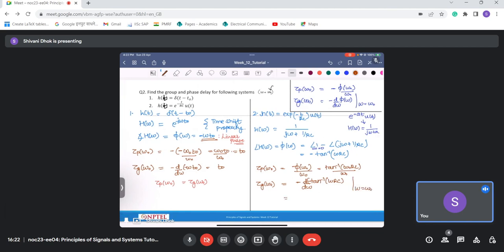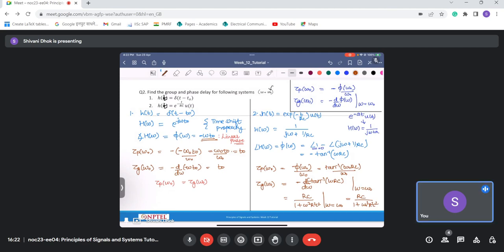The differentiation is 1 upon 1 plus omega squared R squared C squared into RC, evaluated at omega equal to omega naught, which comes out to be RC upon 1 plus omega naught squared R squared C squared. Madam, omega naught is the fundamental frequency, right?